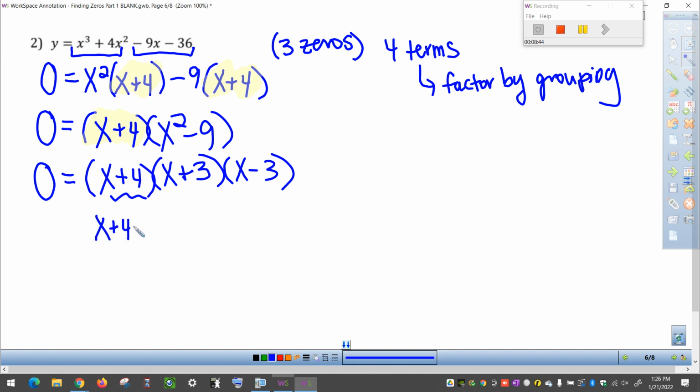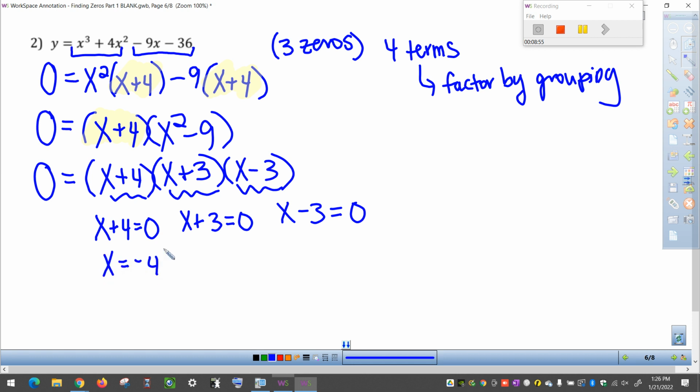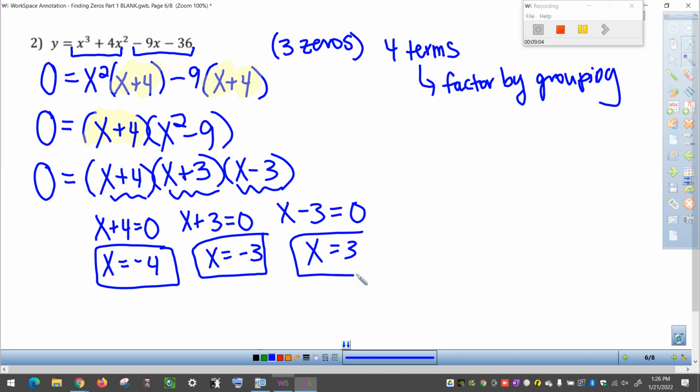Same way to finish this out, we're going to set each part equal to 0. And when we solve for x here, we're going to get negative 4, negative 3, and positive 3.